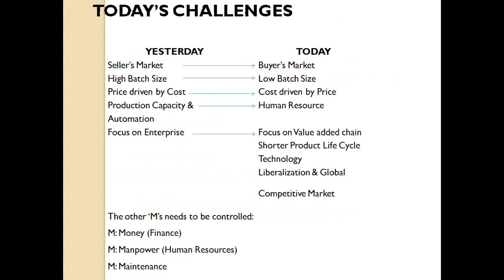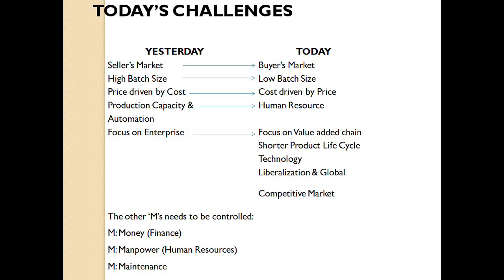Now the today's challenges: what yesterday was seller's market, today it's a buyer's market. Yesterday, because of your seller's market, there was a high batch size. Today's market, you have to produce as per the demands of the customer, so there is always a low batch size. Price was driven by cost, cost was driven by price.